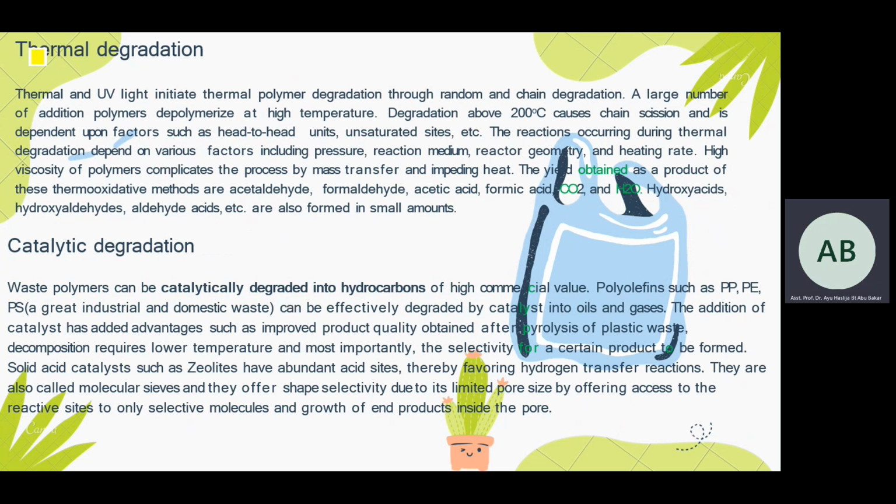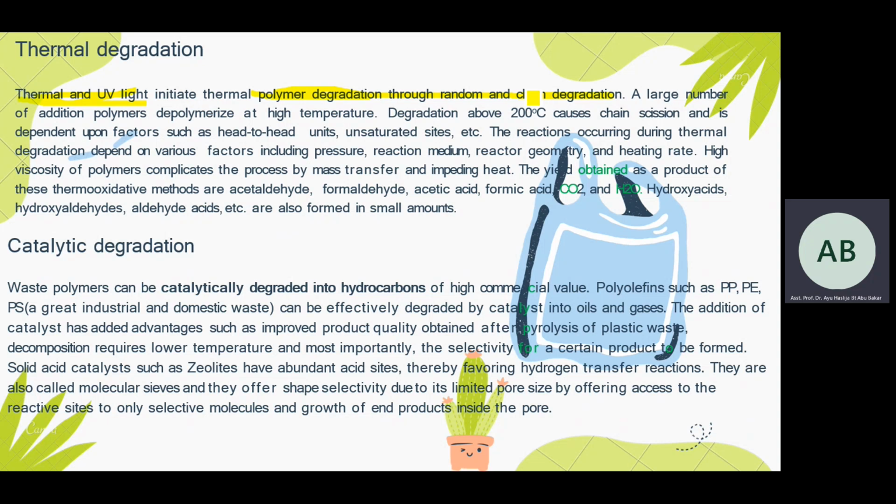Thermal degradation involves thermal energy and UV light to initiate the polymer degradation, to seep through into the chain degradation. Thermal here involves high temperature.